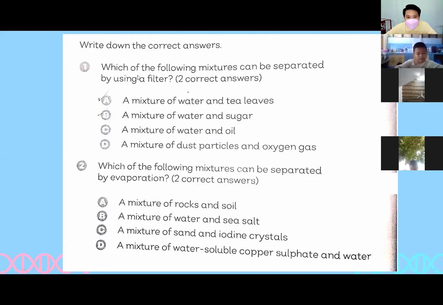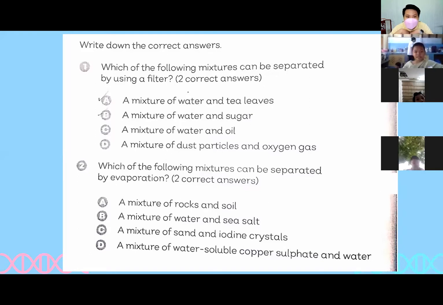So which of the following mixtures can be separated by using a filter? That's what you call the filter paper, okay? A mixture of water and tea leaves, a mixture of water and sugar, a mixture of oil and water, or a mixture of dust particles and oxygen gas. What's the answer? A mixture of water and tea leaves.